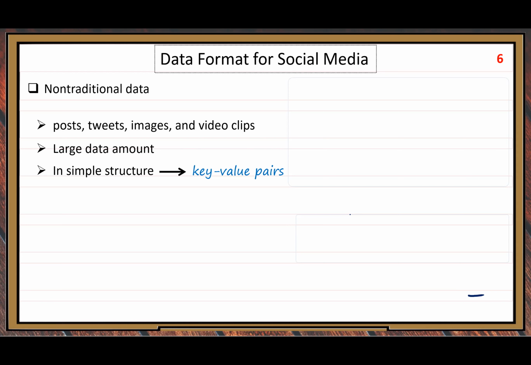To be searchable, you use the key to do the search. The key allows you to do the search, and the value is the content. After you make the search, you consume that content, the value part.